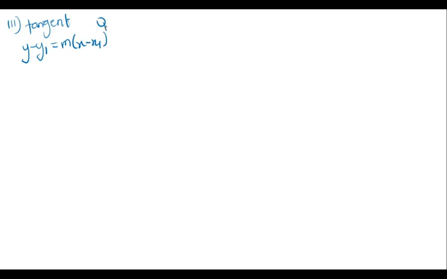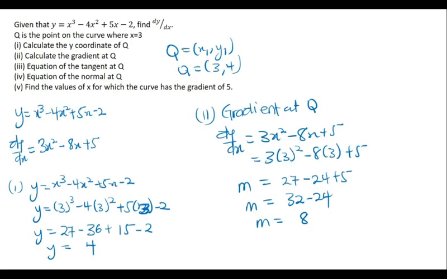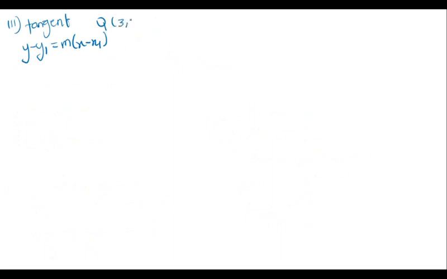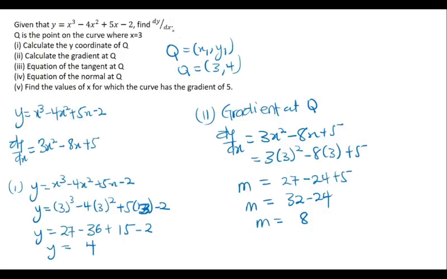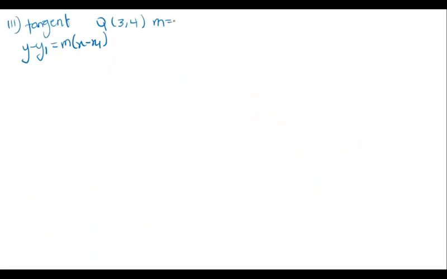Now we have the point Q to be, let's go back and see, 3 and 4. So 3, 4. And then our gradient m is, let's go back, 8. Alright, 8. So we just go ahead and substitute over here. So we have y minus our y1 is what?